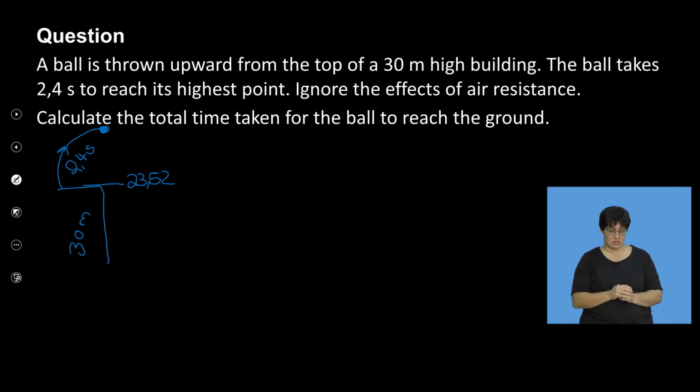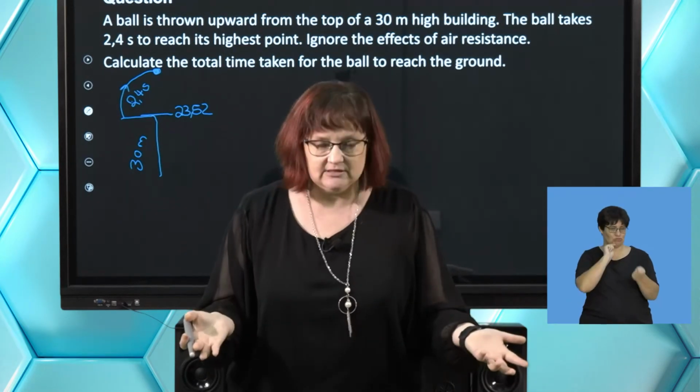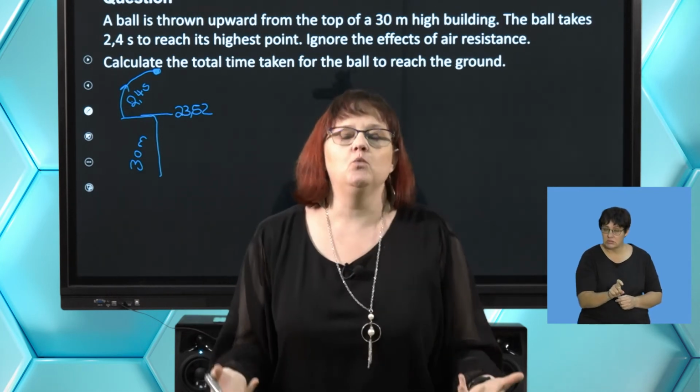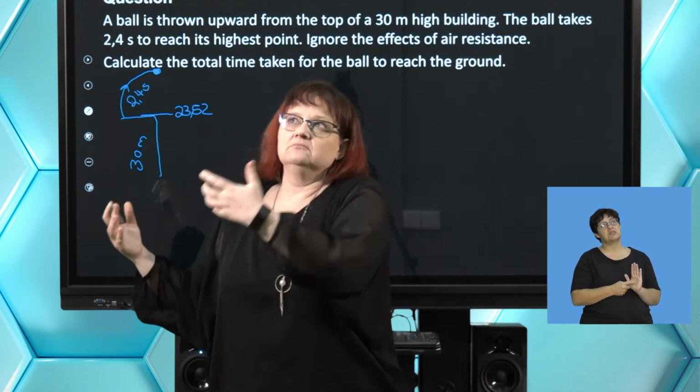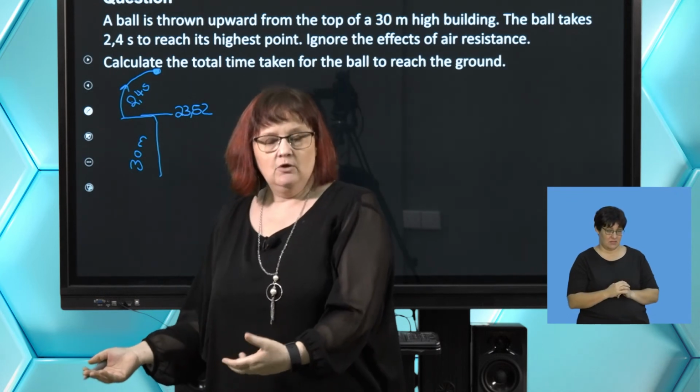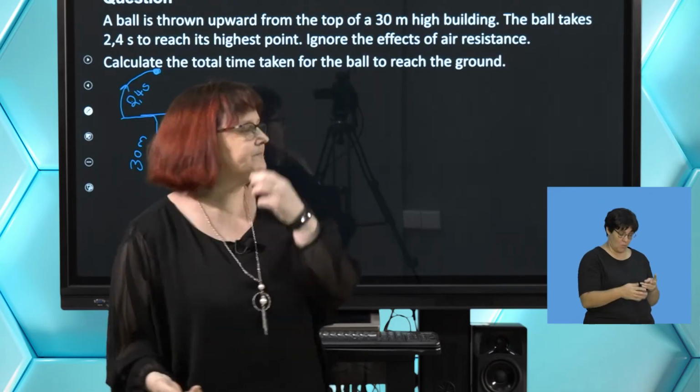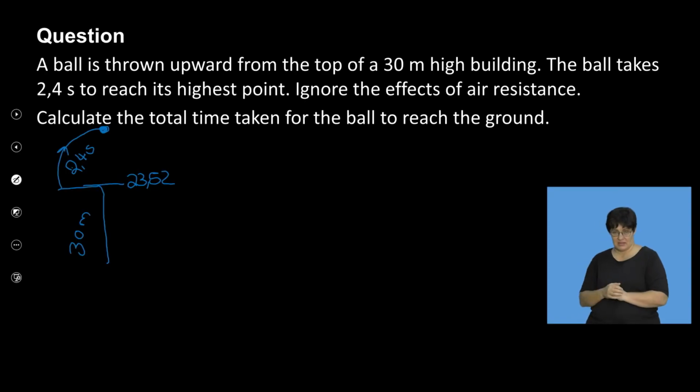This is where vectors become very special because of our sign convention. So we can't change the sign convention. This question would only be worth 3 marks. So I'm going to show you one way to do it, and then I'm going to show you another. We can do this in one step, in one equation.